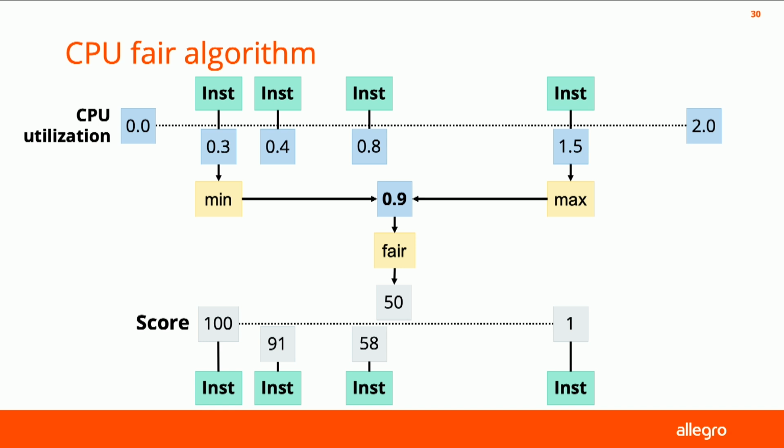So then we take some scale of possible scores, but please know that this is not a percentage score. This is just some numbers. A bigger score or bigger weight means you get more requests relative to other instances. A smaller score means you get a smaller amount of requests relative to other instances.